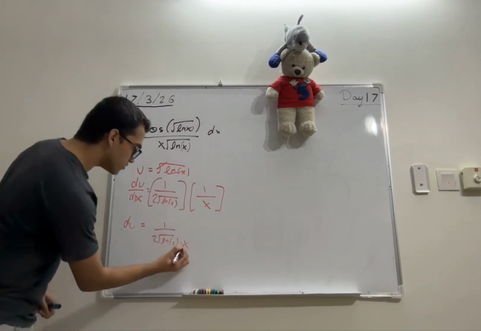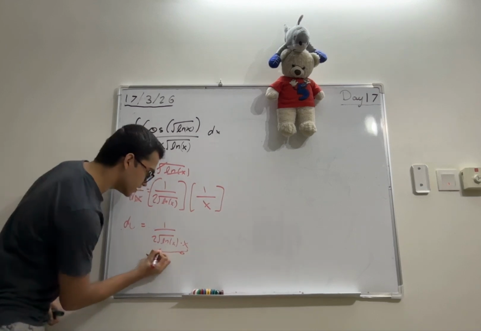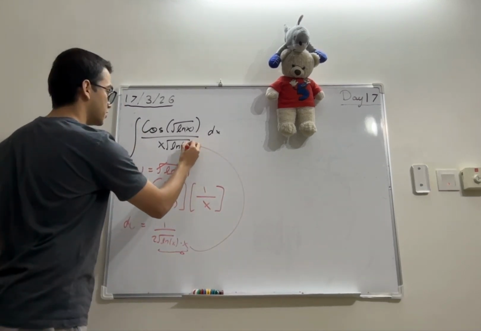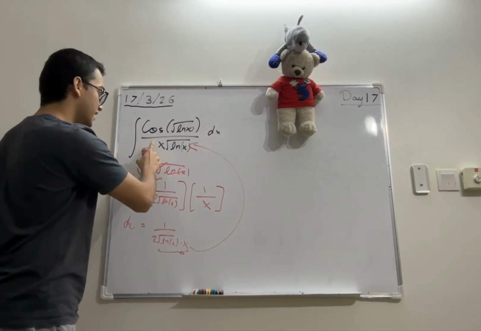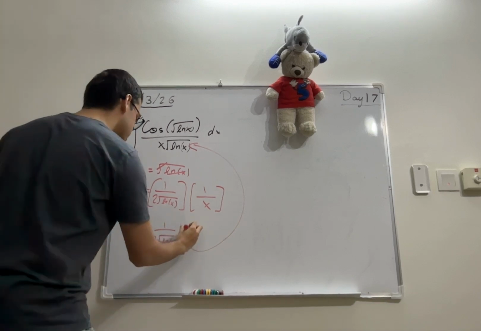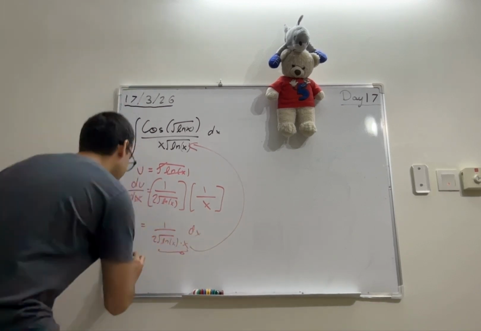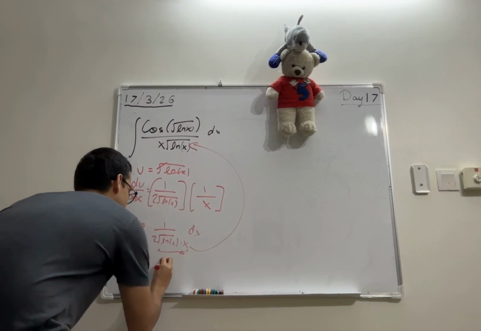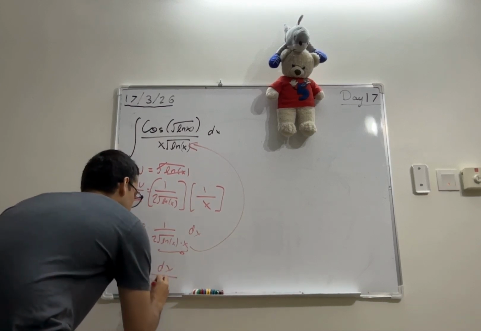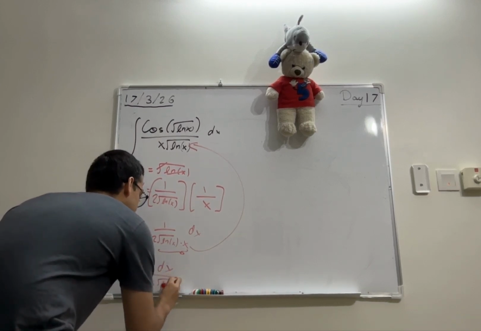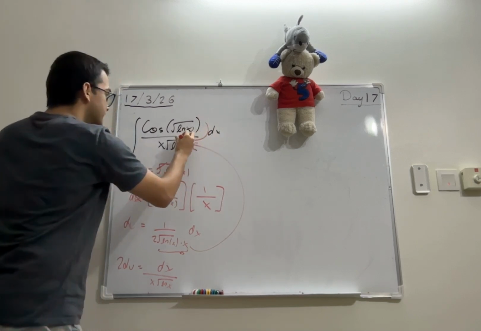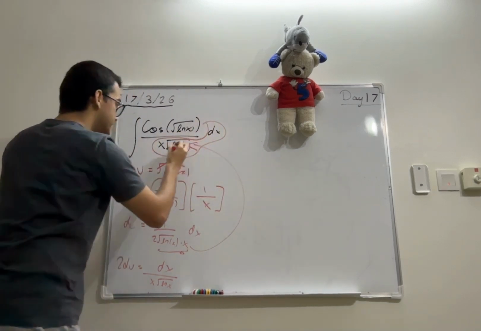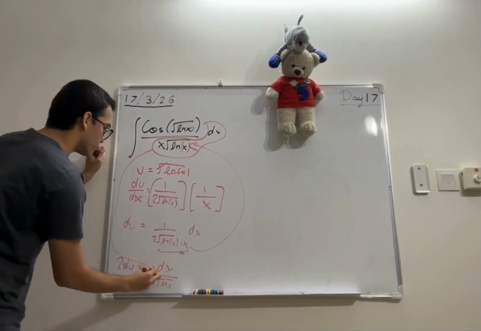Now you can see that the root ln x into x is the term we have up here. So this we would just simplify and we would get 2 du is equal to dx by x root ln x. And then if you combine this dx, it is the exact same thing we got over here.